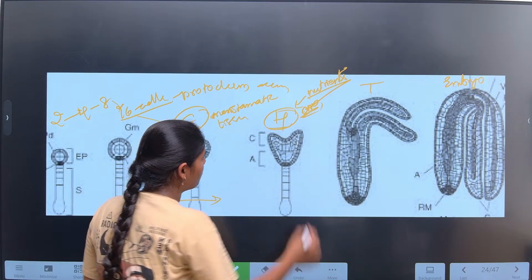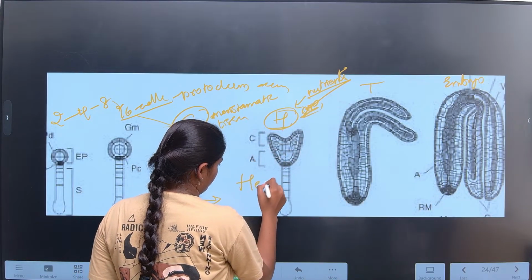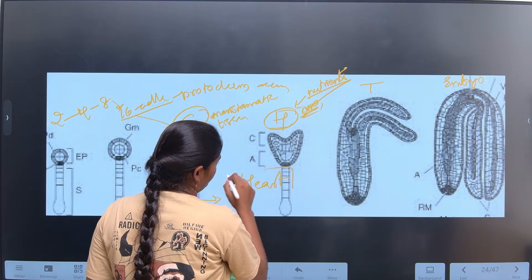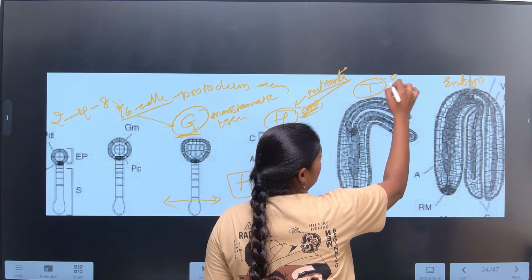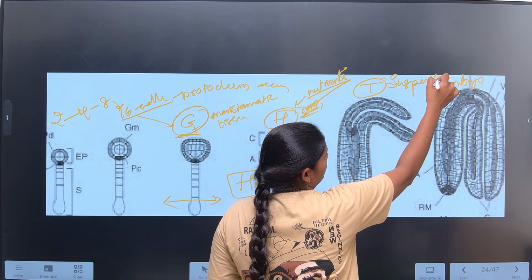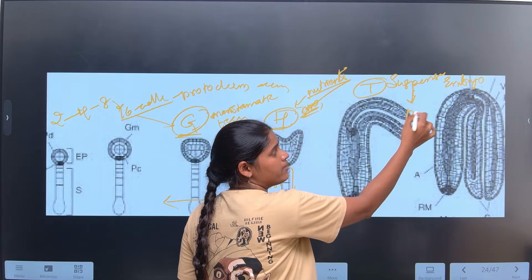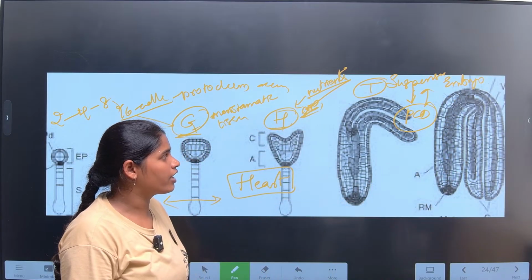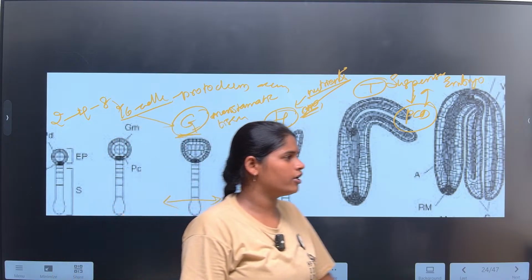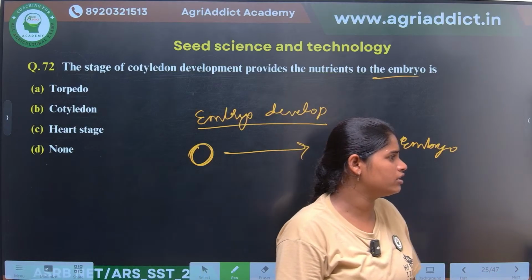So just remember the heart stage will provide nutrients. And what happens in a torpedo? The suspensor, whatever we are having, through programmed cell death, it will be dissociated. Okay? Got it? Right, Farooq? This heart shape.